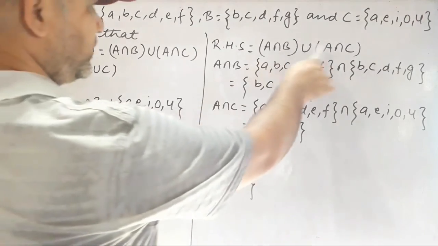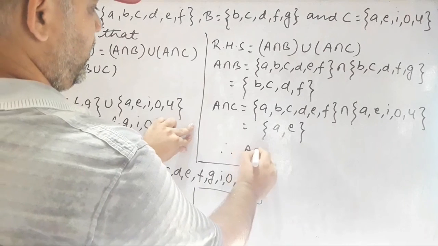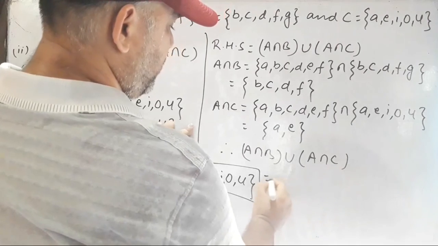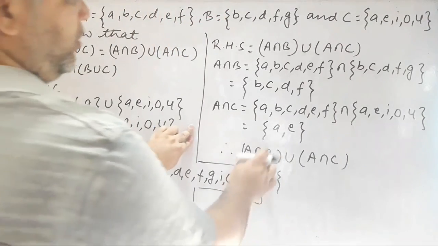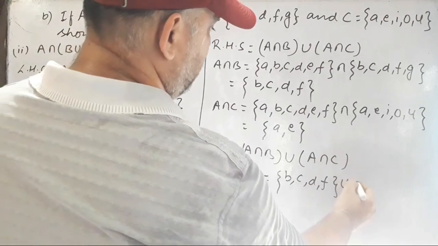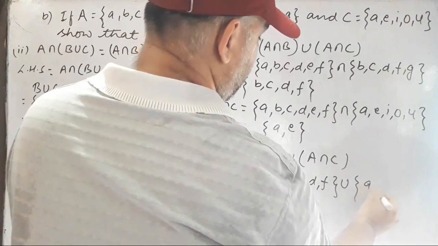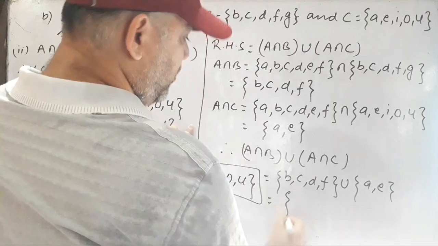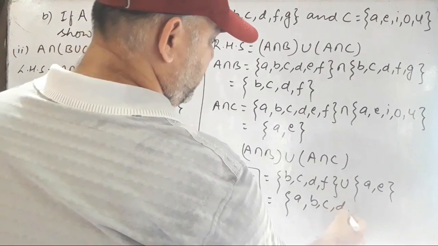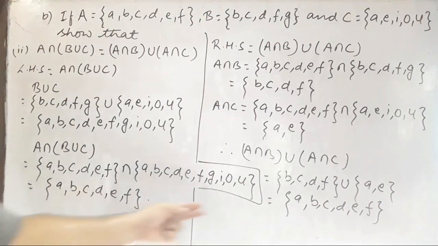Now, the union of A intersection B and A intersection C. Therefore, (A intersection B) union (A intersection C). Let's write down A intersection B, we got B, C, D, F, union the elements of A intersection C, we got A, E. Combining all the elements: A, B, C, D, E, F. Okay, let's see these elements and these elements.